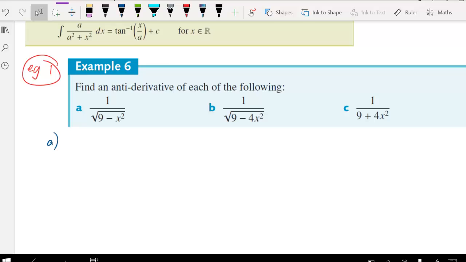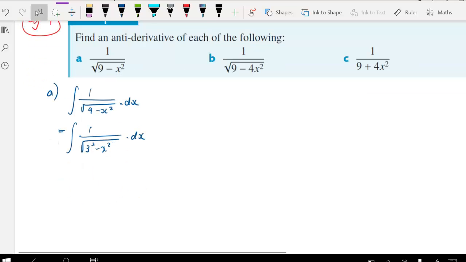So for this first one, we're looking at the integral of 1 over square root of 9 take x squared with respect to x. Now that will be equivalent to 1 over square root of 3 squared take x squared dx. As soon as we put it in that form, we should recognize that it's in the form integral of 1 over square root of a squared take x squared with respect to x, which is equal to arc sine x on a plus c.